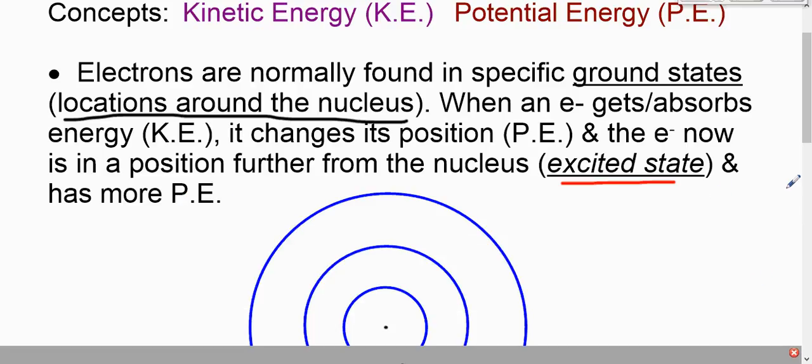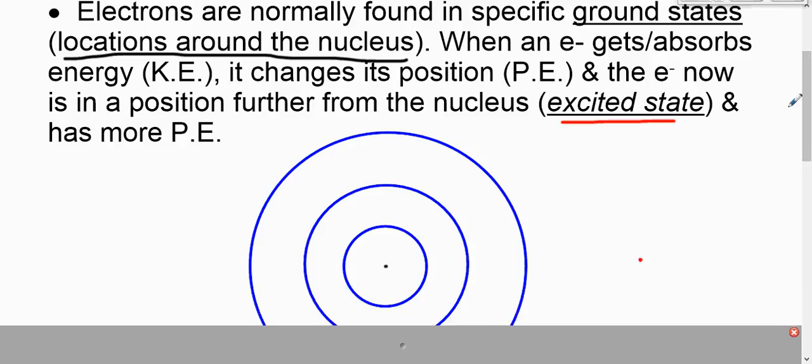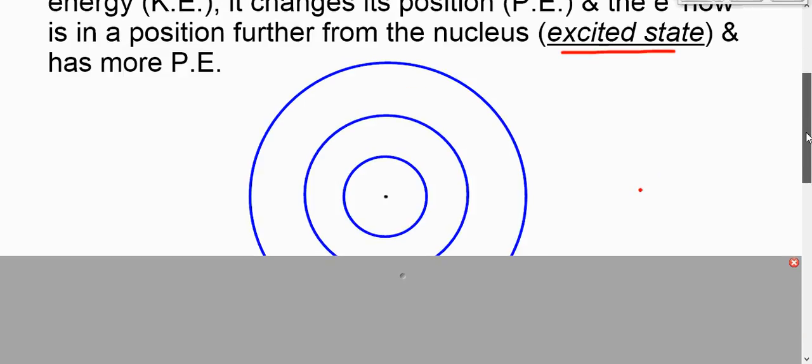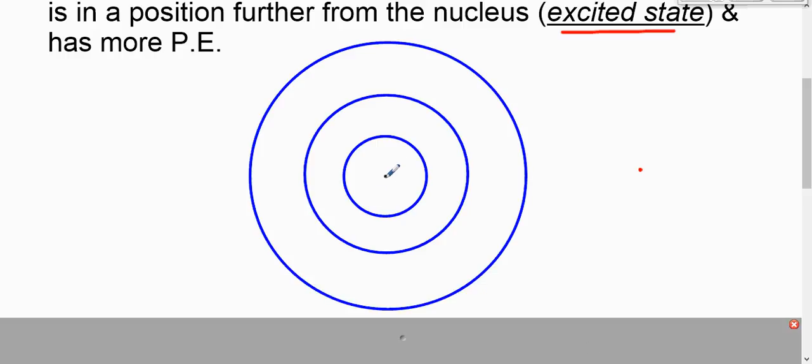So let me draw this out a little bit so that we can look at this. This is my little rendition of an atom, and I'm making the nucleus right in the center, that black dot. And these are trying to represent rings where electrons may lie outside the nucleus of an atom.